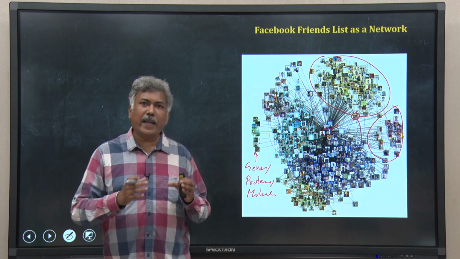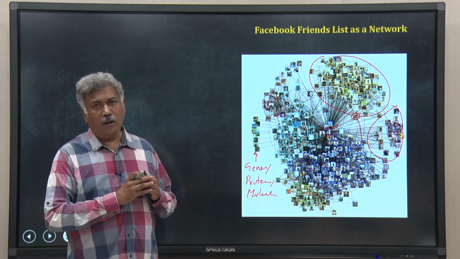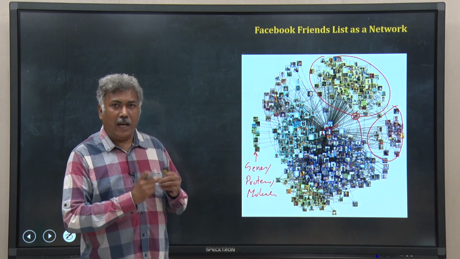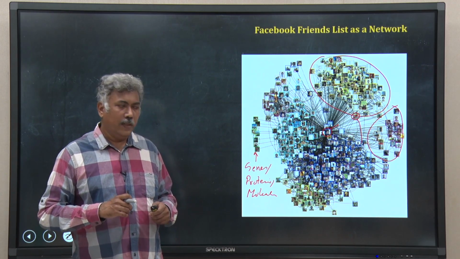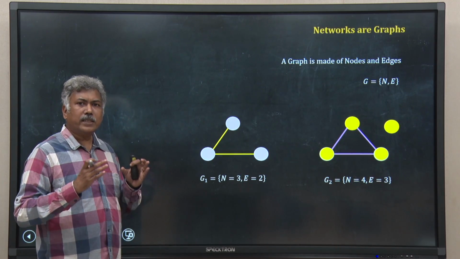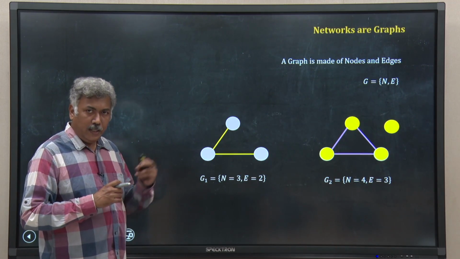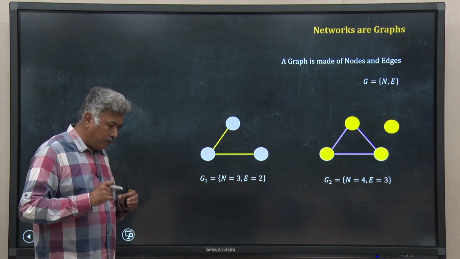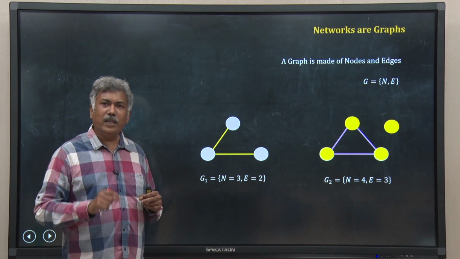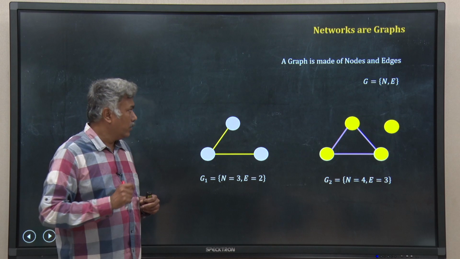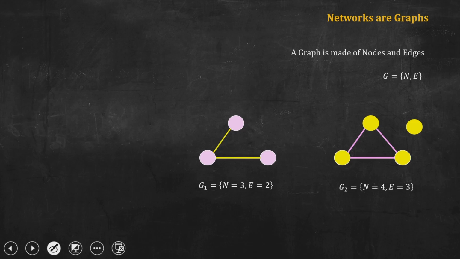Now networks are actually mathematical objects. They are called graphs. What is a graph? Graphs are sets of nodes and edges. In my previous example, in the Facebook network, each of these individuals was a node. So a graph will have a certain number of nodes and those nodes will be connected with a certain number of edges.